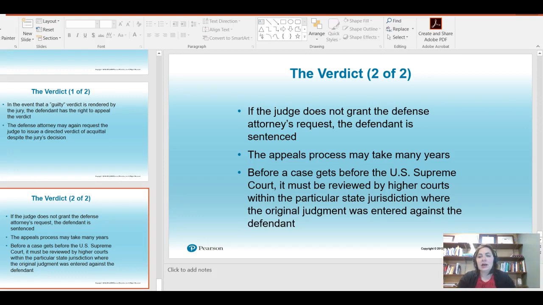After that, the judge will issue instructions on procedure and instructions on the case. Then the jury will deliberate and return a verdict. If the verdict is not guilty, the defendant is acquitted. If the verdict is guilty, then the case will be set for sentencing.